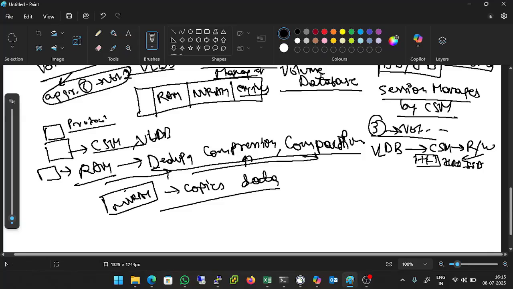This data is also replicated to the second node's NVRAM. While my RAM is processing the data for deduplication, compression, and compaction, my NVRAM copies all the data into its random access memory, for redundancy purposes, or to make the data non-volatile.